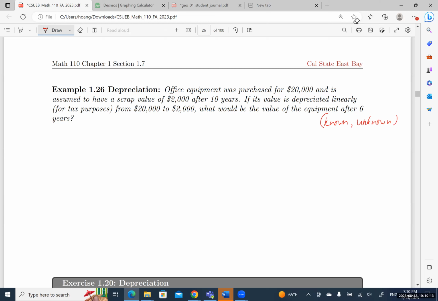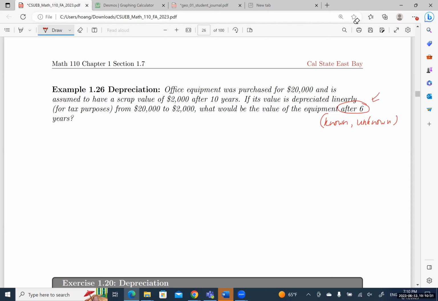Look at the question, right? If its value depreciates linearly for tax from 20,000 to 2,000, what would be the value of the equipment after 6 years?